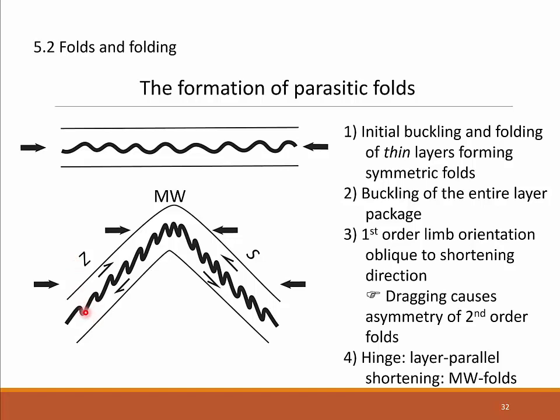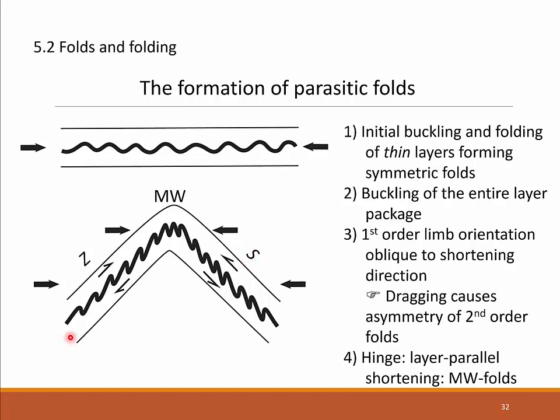We see here a long, short, long geometry which looks like a Z shape, just tilted to the side. We find in the hinge the symmetric shape that mimics an M or a W, and on the opposite limb we find a long, short, long limb geometry that reminds us of an S shape.